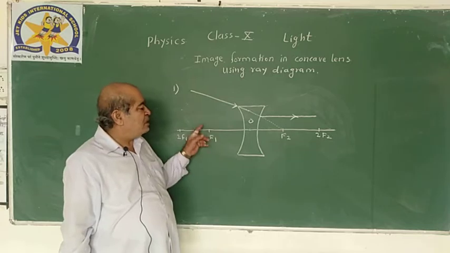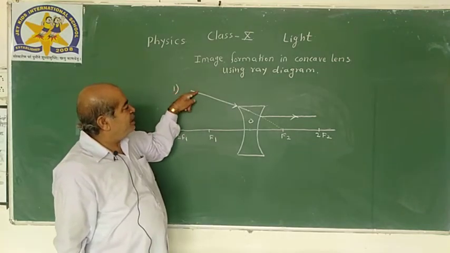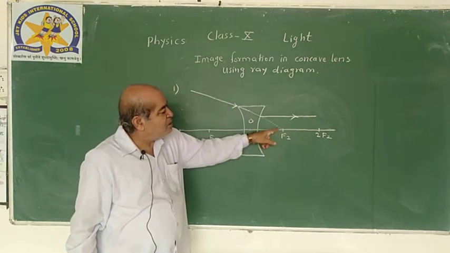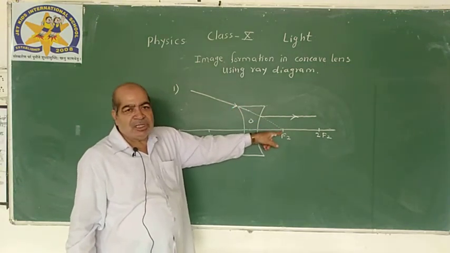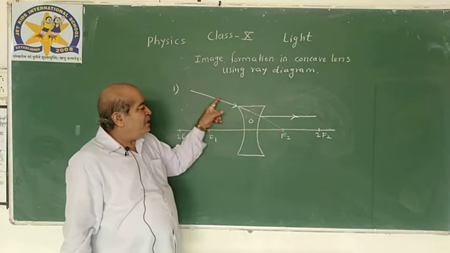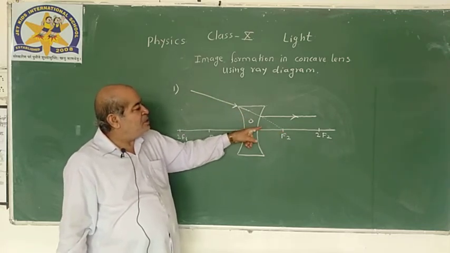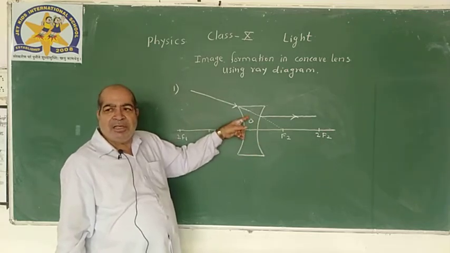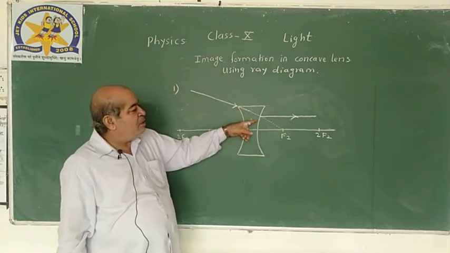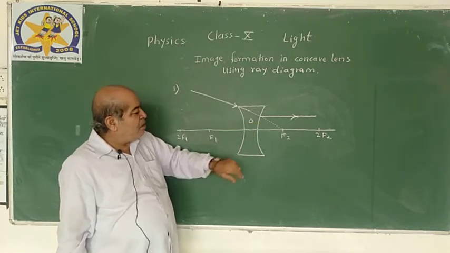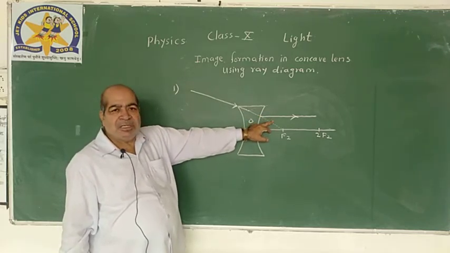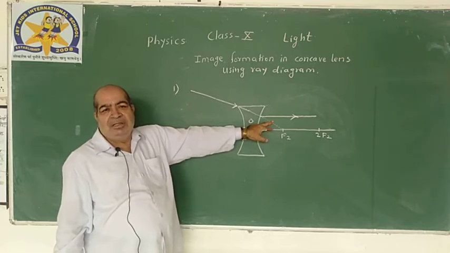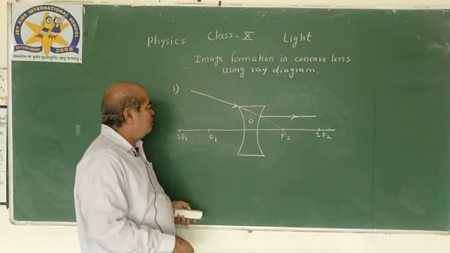What is the second rule? When a ray of light directed towards the principal focus is incident on the lens, after refraction, the ray of light emerges parallel to the principal axis. So this is the second rule.